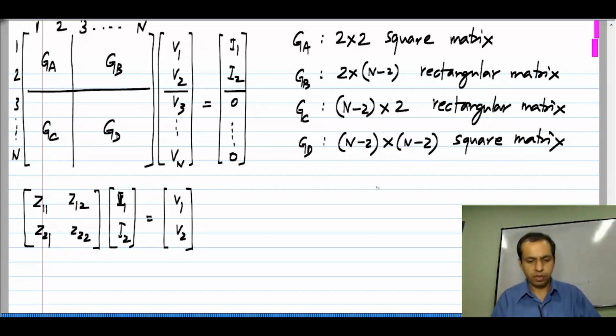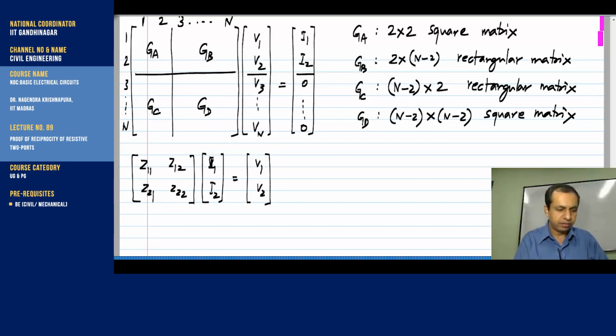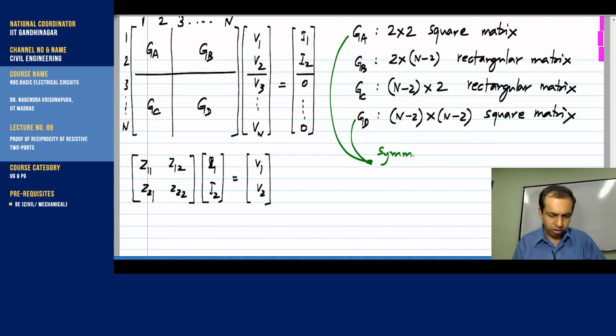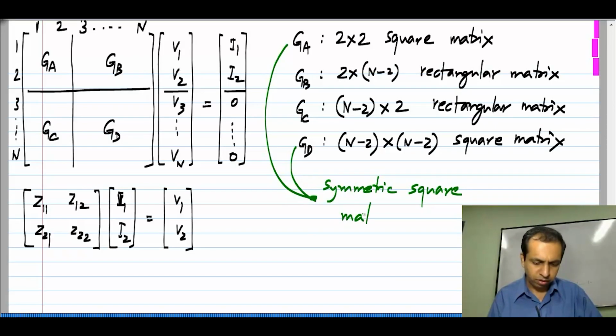Okay. Now, the important part, if we have a circuit with only resistors and independent current sources, we know that the G matrix is symmetric. Now, what does it mean? If the G matrix is symmetric, that is about this diagonal we have symmetry. So, that means that GA and GD are also symmetric square matrices. Okay. Because the G matrix is symmetric, GA and GD are also symmetric square matrices.